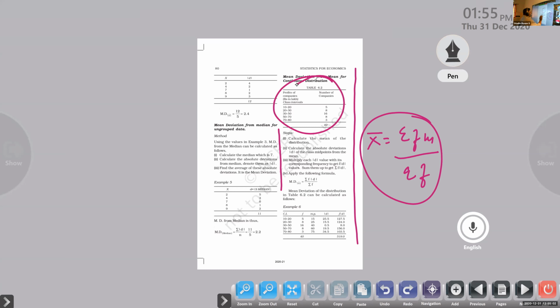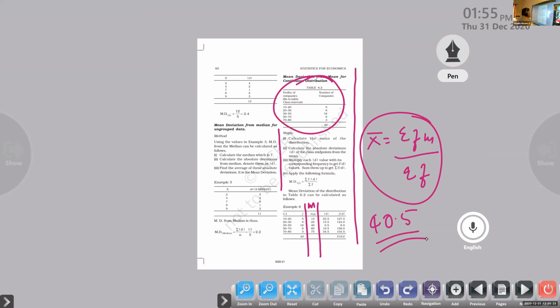Next, calculate the absolute deviations with the help of the mean. So the midpoint is 15, that is M here, and we want to find the difference between the midpoint and the mean, that is 40.5, I think.